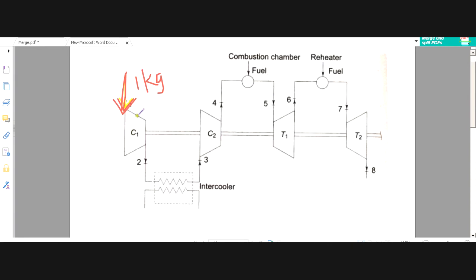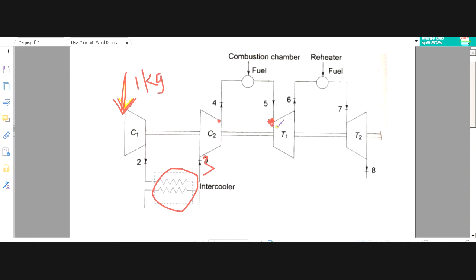After the first compressor, the compression is done, then we cool it here, so we have the intercooler. After cooling, the output is 3. I think I explained the same thing on the board. Again, at the end of the final stage compression, we have the combustion chamber to heat, in order to charge this point. What is this point?